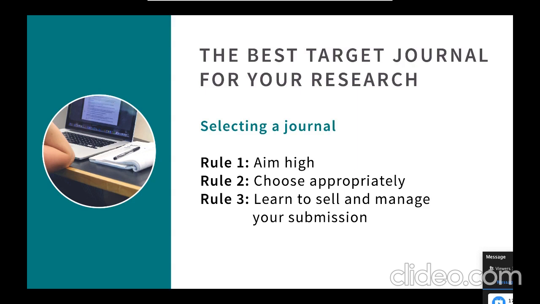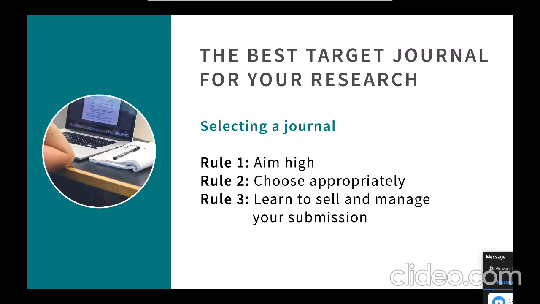So targeting your academic work to journals can also be very important for authors: aiming high, choosing appropriately, talking to editors, talking to journal managers, and then dealing with the submission process.